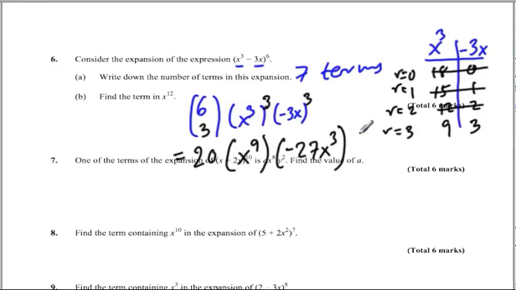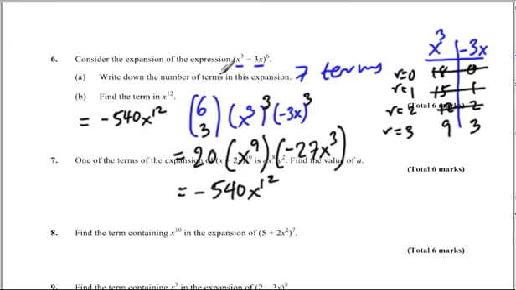So this x to the power of 9 and this x cubed, those exponents add up to 12. So it'll be 20 times 27, which is equal to negative 540 x to the power of 12, right? So the term that we want here is simply negative 540 x to the power of 12.